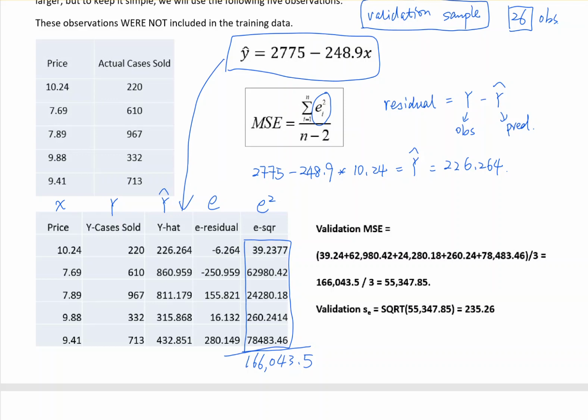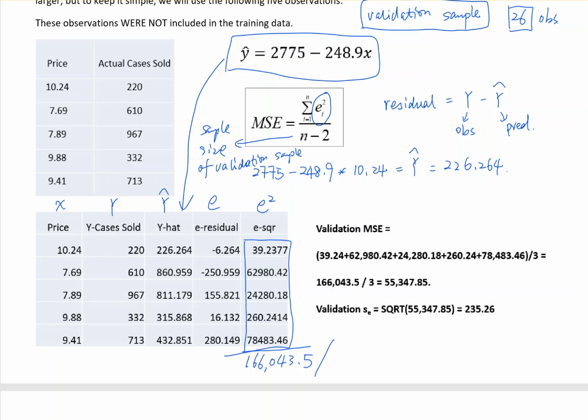All right, and this is the top of the MSE. Divide by n minus 2. This n right now is the sample size of the validation sample, which we have 5 of them.